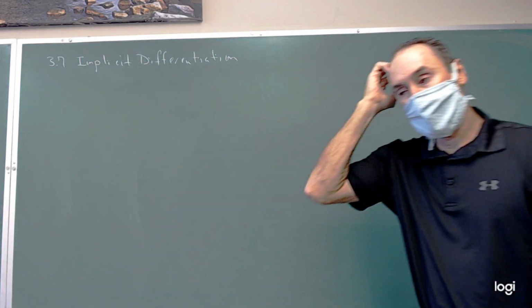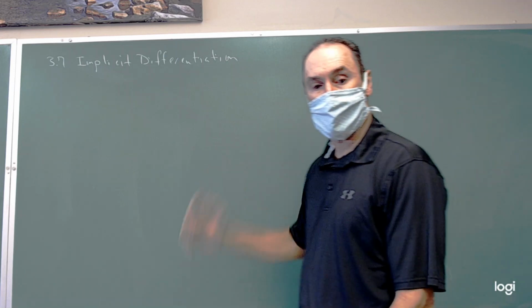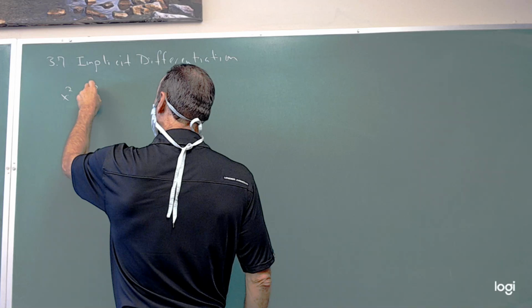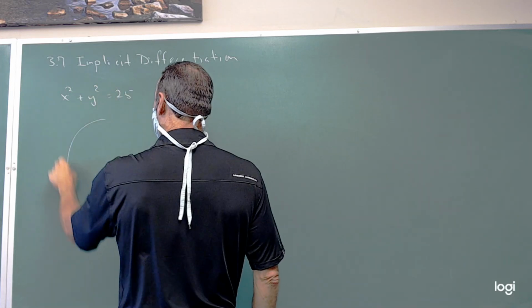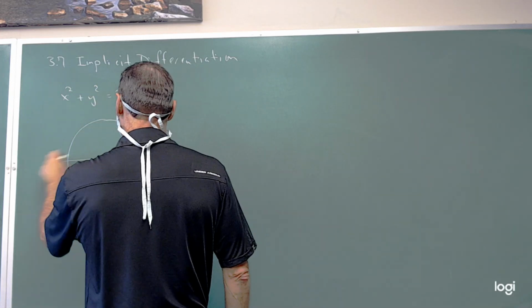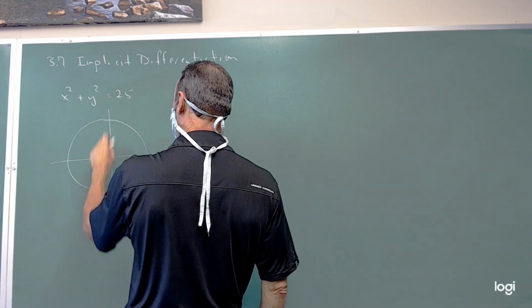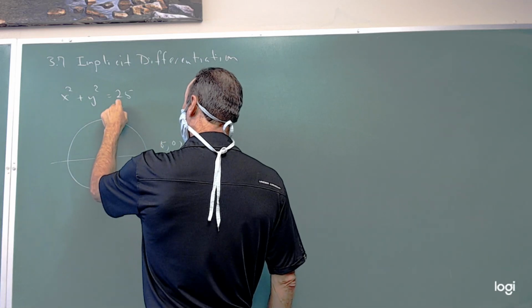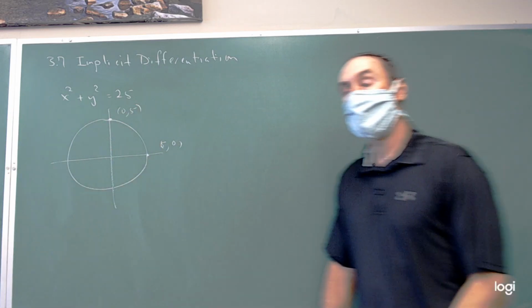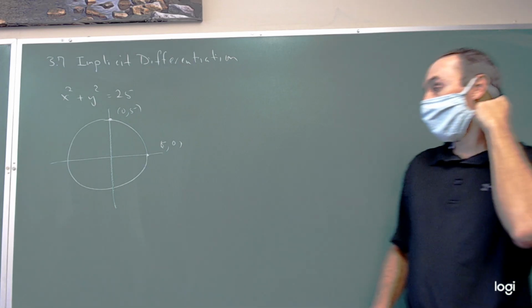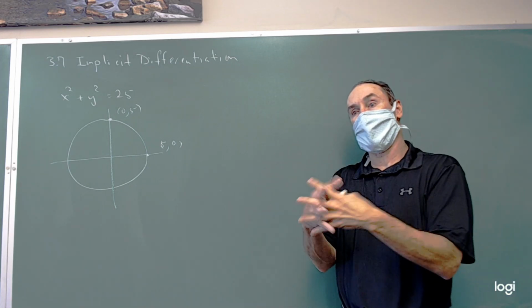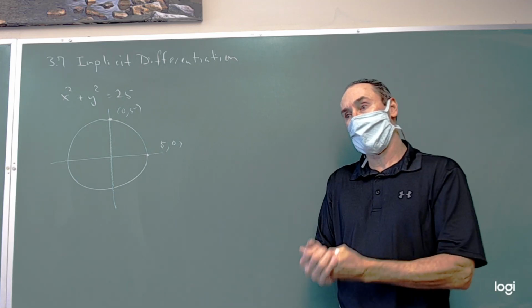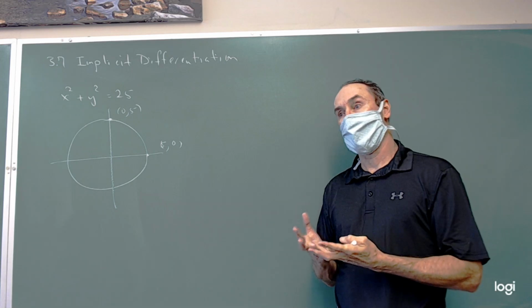So what we mean by an implicit function versus an explicit function, let's take something we know. We'll take x squared plus y squared equals 25. And that's going to be a circle that's centered at the origin and has a radius of 5. So that makes that the point (0, 5) and that (5, 0) and so on. When you have x's and y's mixed together, but we understand that y really depends on x, then that's known as an implicit function.